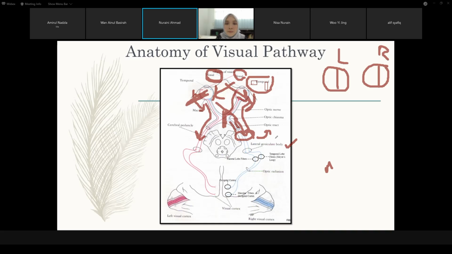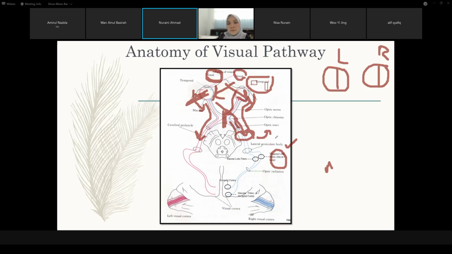So bila dia pergi kat situ, dia akan keluar menjadi two type fibers pula. There's a fibers that come out from the lateral geniculate body, which firstly dia akan run through the temporal lobe to go to the occipital lobe. That's why kita panggil sebagai temporal lobe, sebab temporal lobe ni bawah sikit. Bahagian lalu ni bawah sikit, so kita panggil sebagai inferior retinal fibers.